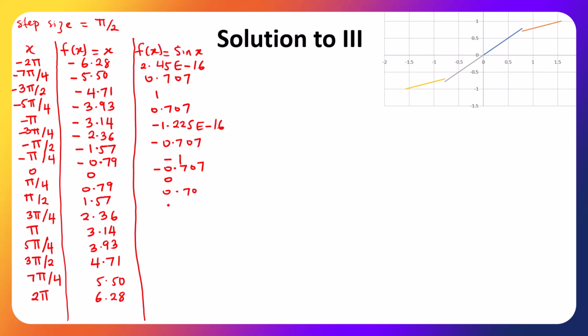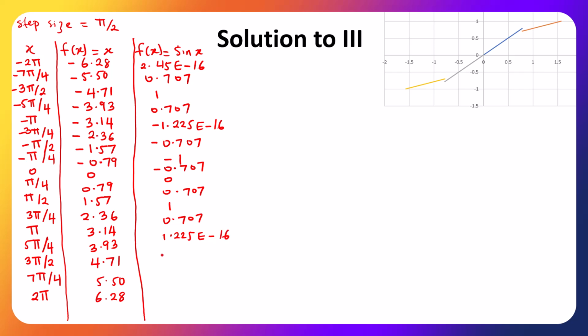For pi over 2, we have 1. For 3 pi over 4, we have 0.707. For pi, we have 1.225 times 10 to the power minus 16.